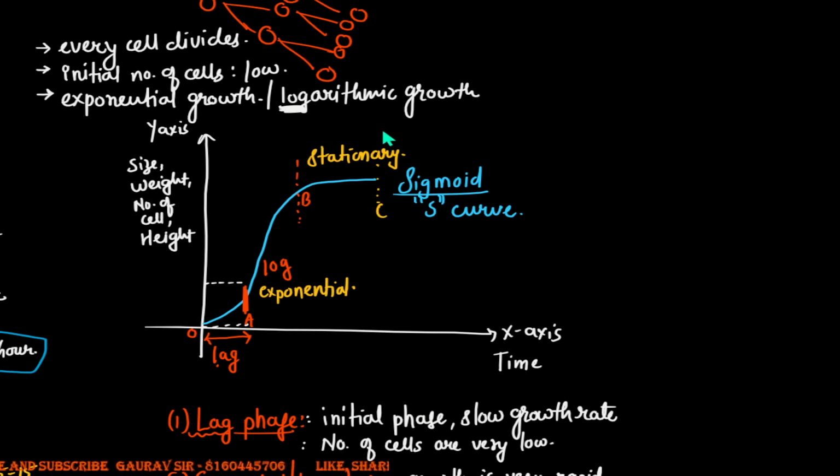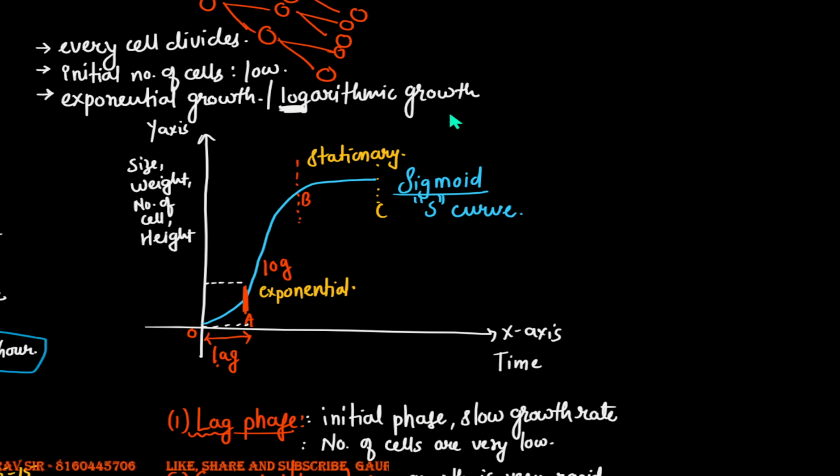That is a phase where the nutrients are deficient and the accumulation of toxic material takes place, and all of these conditions ensure that the growth slows down, making sure that the plant or the bacterial culture enters into the stationary phase.